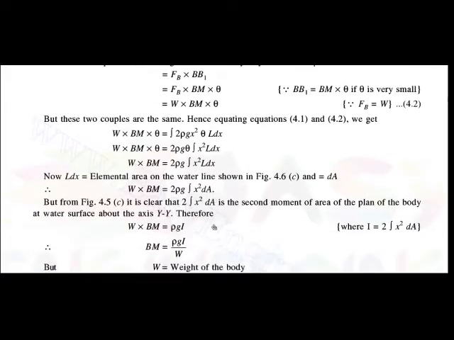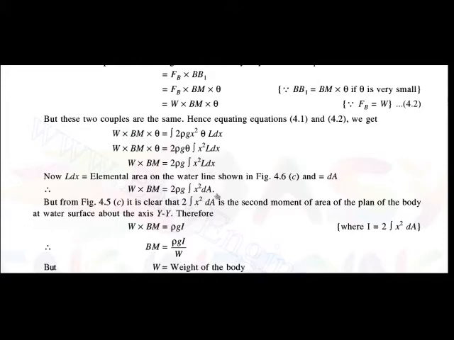Then this L dx is the elemental area on the water line, which is equal to dA. Now put this value of L dx into the above equation. We get W into BM is equal to 2 rho g integration of x square dA.